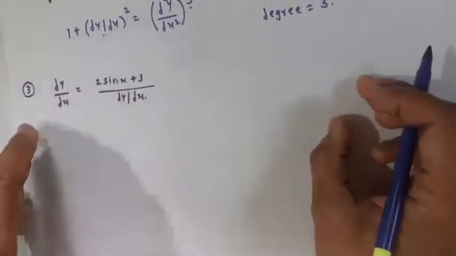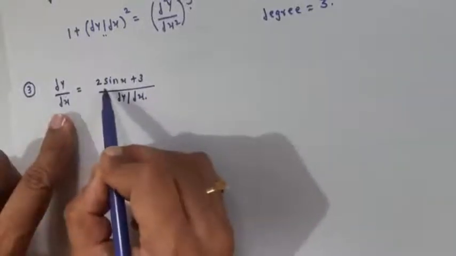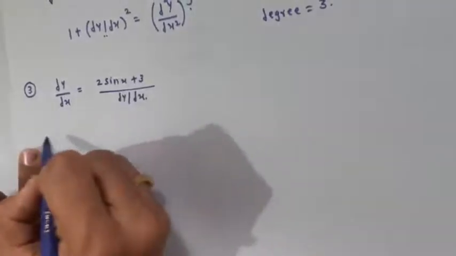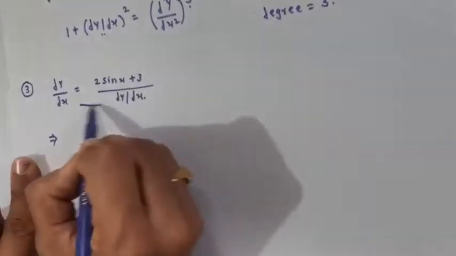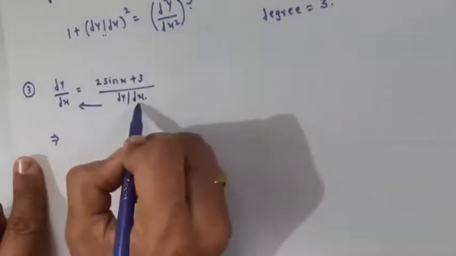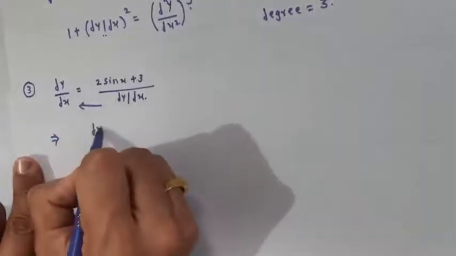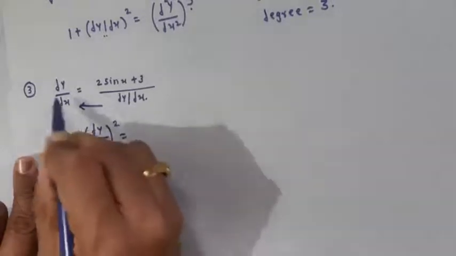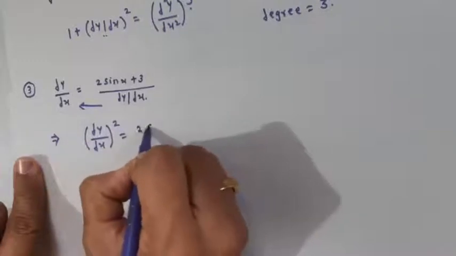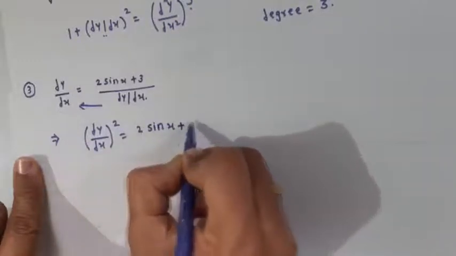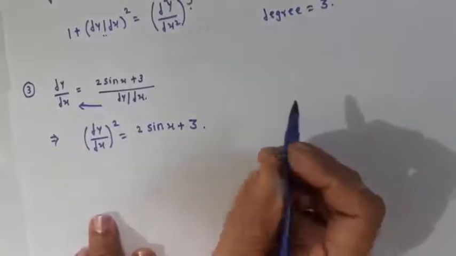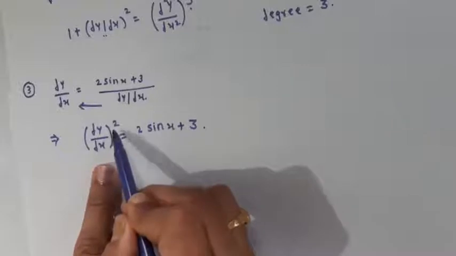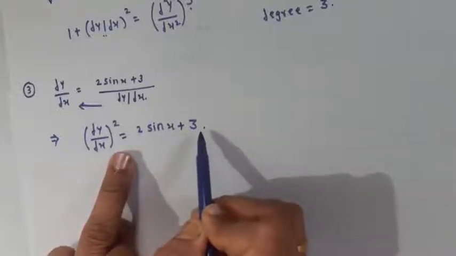Now the next problem is dy by dx equal to 2 sin x plus 3 upon dy by dx. Now we can express this by taking cross product, that is dy by dx into dy by dx, so dy by dx whole square equal to 2 sin x plus 3.